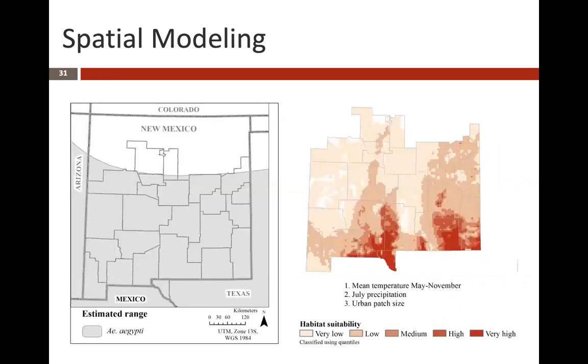Here's an example from some of the work that we did in New Mexico based on the 2016-17 data. On the left, you see the CDC map that suggests that Aedes aegypti pretty much occurs continuously throughout the southern two-thirds of New Mexico.